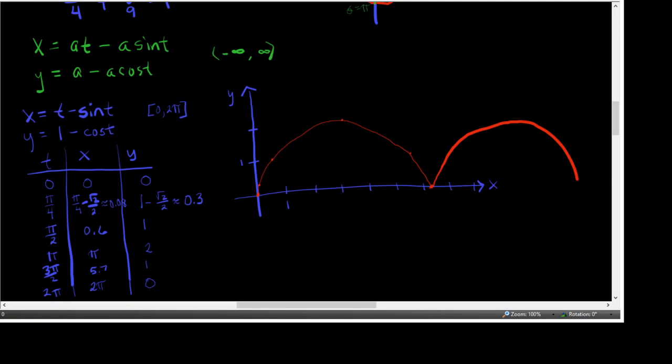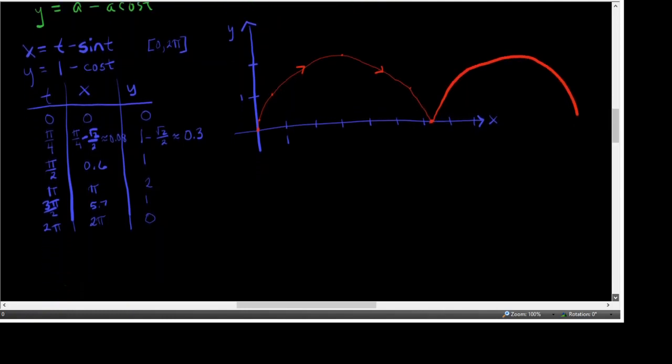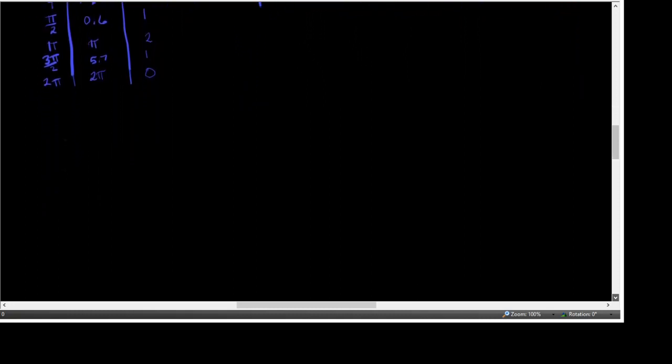That's the stopping point, and the direction of movement is along that curve. I was just showing you the other one to say that's what the cycloid looks like, is it's that hump that comes down to a sharp point and then goes back up like that, and it just repeats itself over and over and over again if you were graphing all real numbers. Okay, so next example.